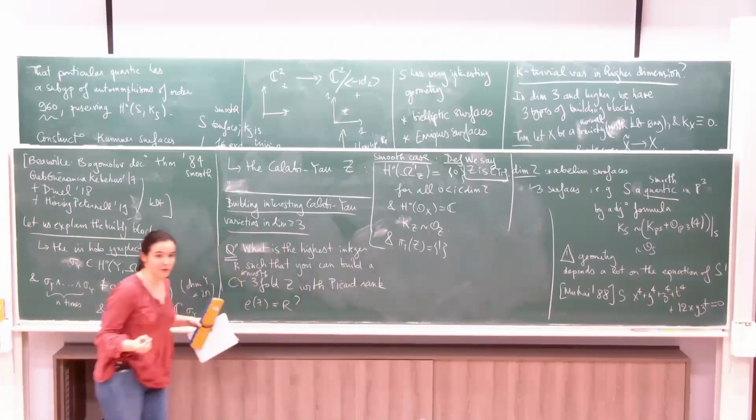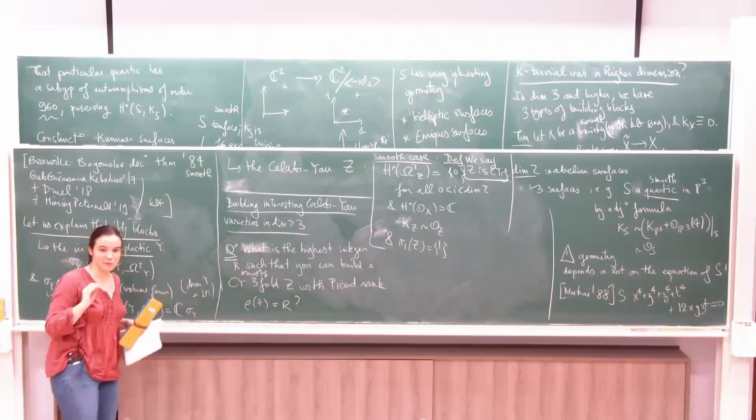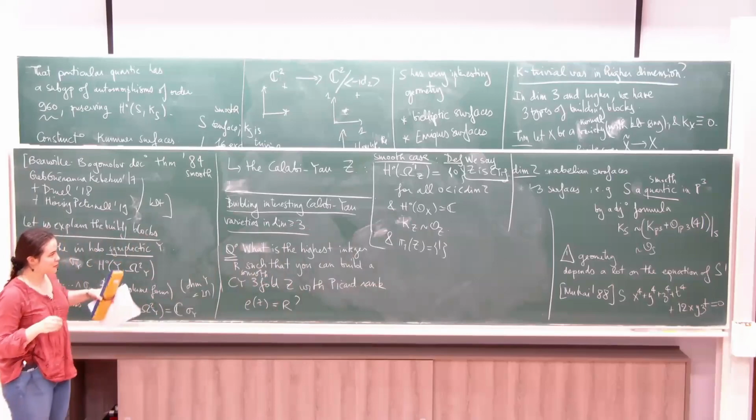So that's a question to you. Me, I know how to do 36 and I'll explain, but I don't know if you can do better. No one knows a bound either.